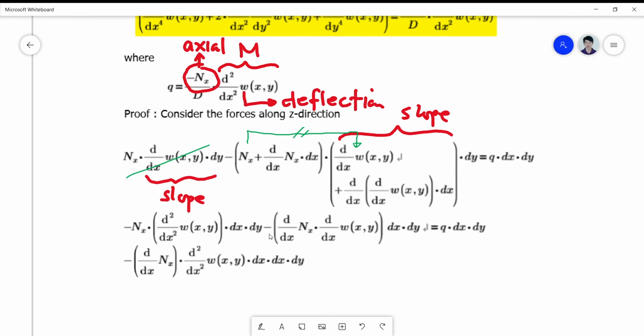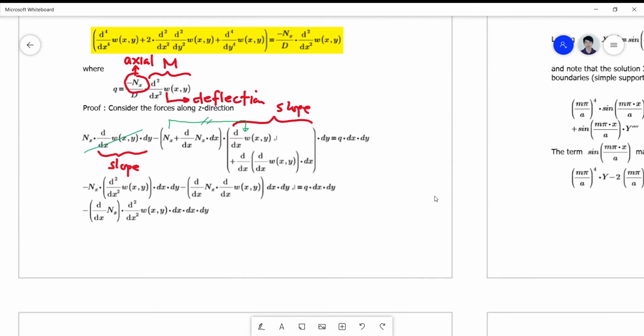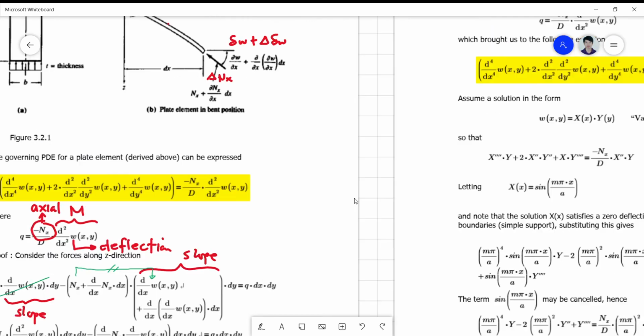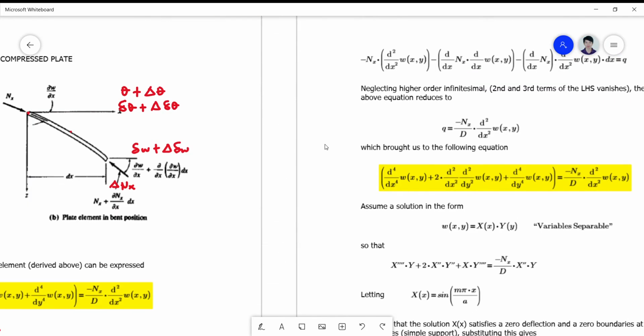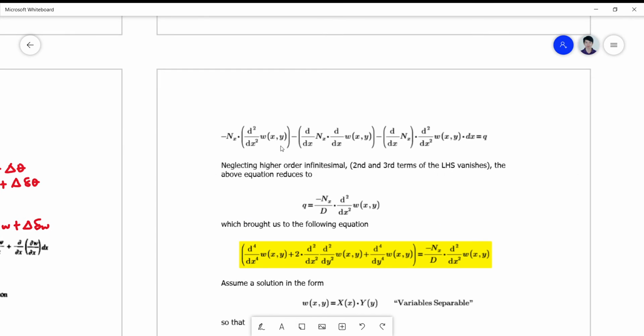So all of these now are negatives, and this is positive, and we try to eliminate those values which are not meaningful to us by simply neglecting higher order infinitesimals; the second and third terms will be assumed to vanish.